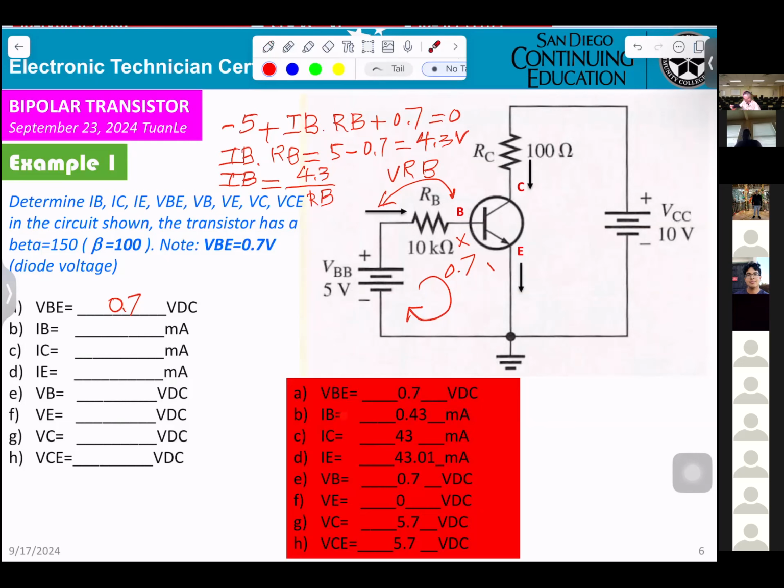Go ahead and calculate to see if you get 0.43 milliamp.